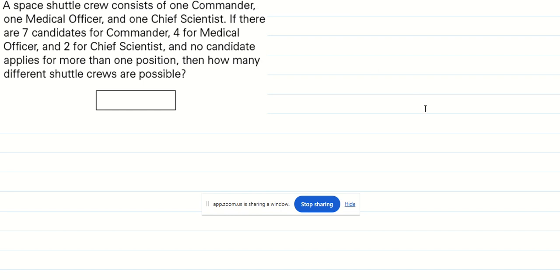Let me solve. The question reads: a space shuttle crew consists of one commander, one medical officer, and one chief scientist. If there are 7 candidates for commander, 4 for medical officer, and 2 for chief scientist, and no candidate applies for more than one position, then how many different shuttle crews are possible?